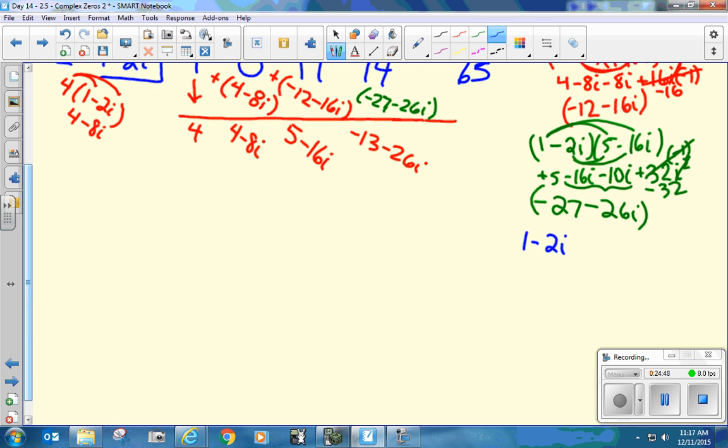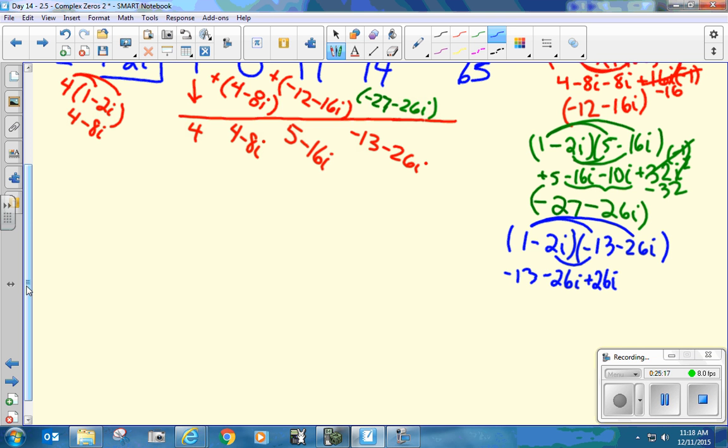1 minus 2i times negative 13 minus 26i. What's the first term I get? Negative 13. What's the next term? Negative 26i. Now what happens when I multiply a negative 2i times a negative 13?